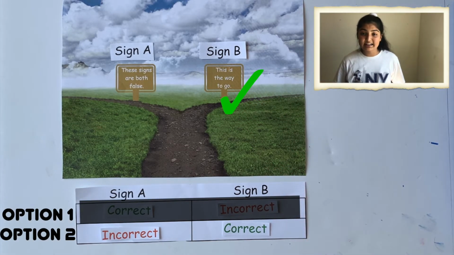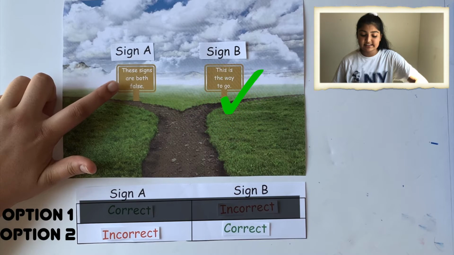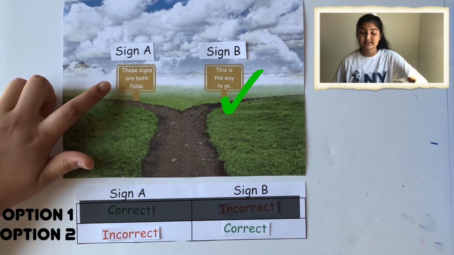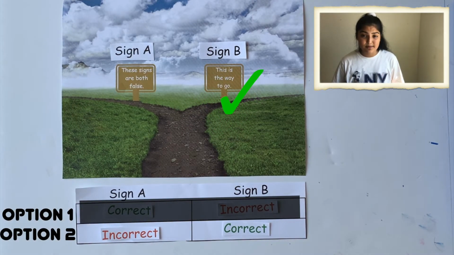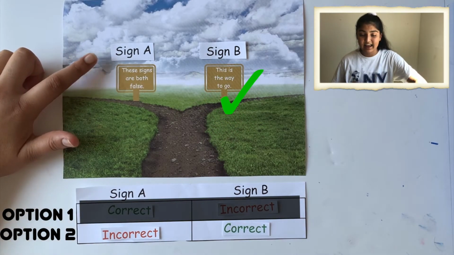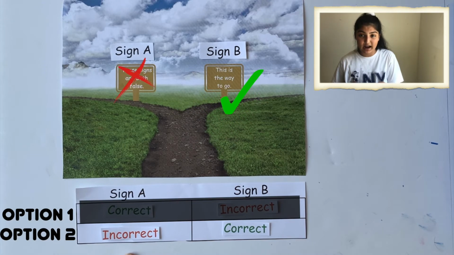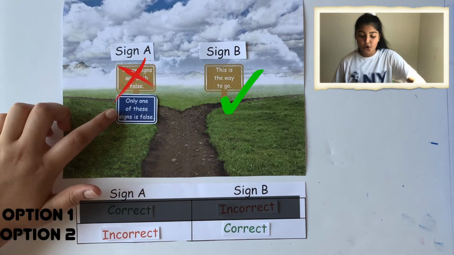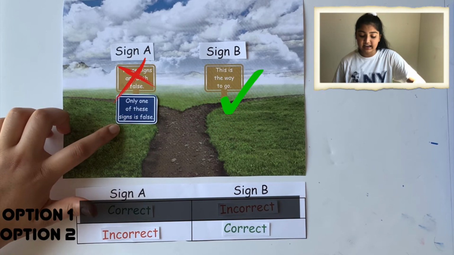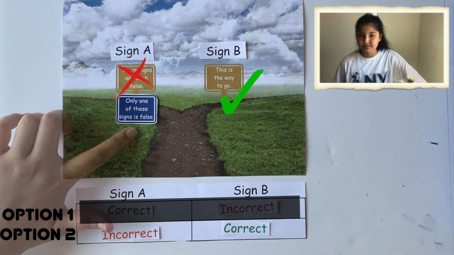Now let's look at sign A. Sign A says, these signs are both false. But remember, we assumed that sign A is incorrect. So if sign A is incorrect, then that means only one of these signs is false.